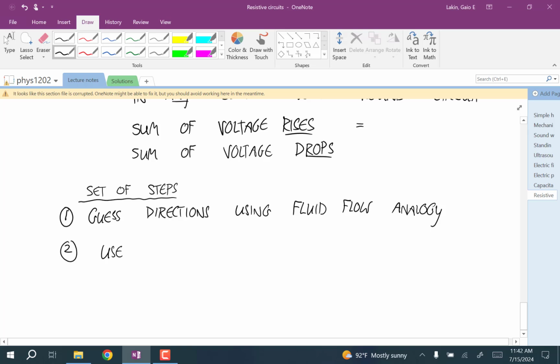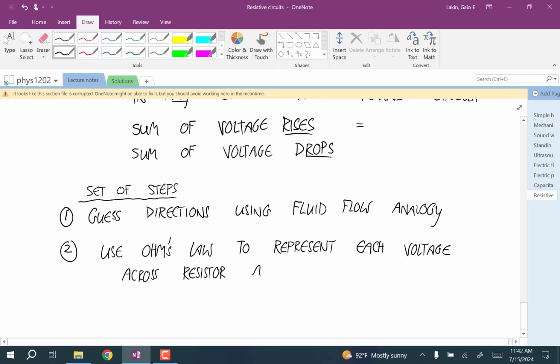Second, use Ohm's law to represent each voltage across a resistor as the resistance times the current for that resistor.